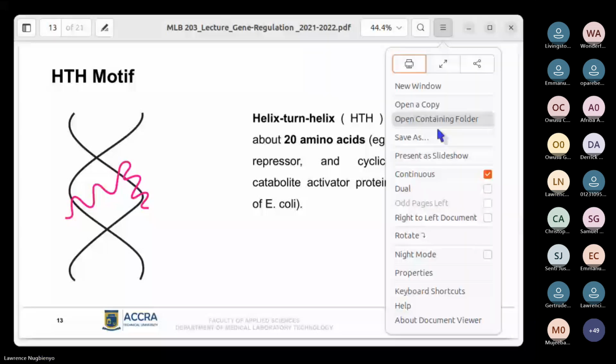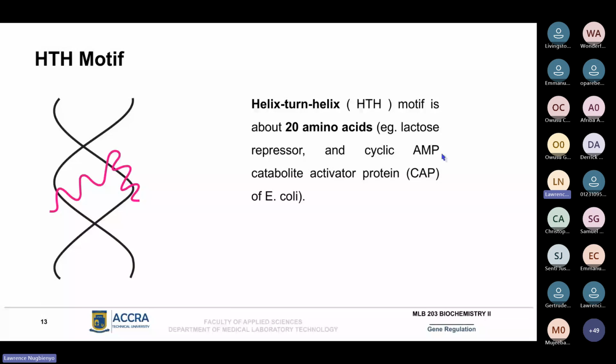Right, so you have the helix-turn-helix, and an example of this is the lactose repressor. Remember, the lactose repressor is a protein. If you go back and look at the lac operon carefully, you realize that there was a regulatory portion of the lac operon, which was labeled I. That I comes from the word inhibitor, and it is transcribed into a messenger RNA that got translated into the repressor, which was a tetramer.